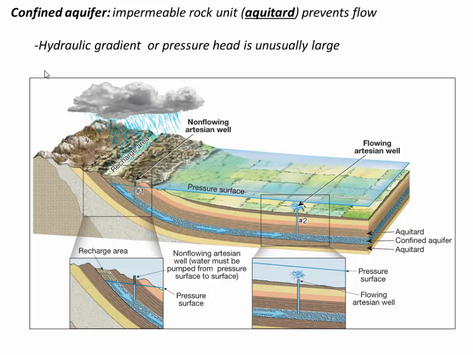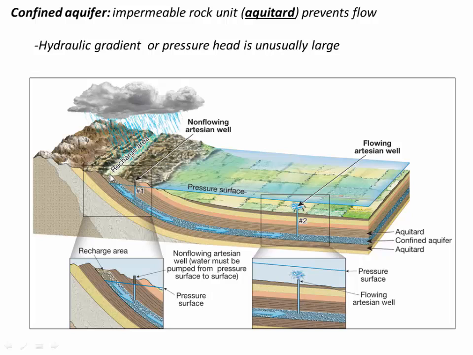Okay, so now we've talked about how groundwater flows. Let's close this section with one more point. And this is the concept of the confined aquifer. And these are relatively common. What happens is you get a recharge area, for example, up in the mountains, and maybe you have one very permeable unit in particular.